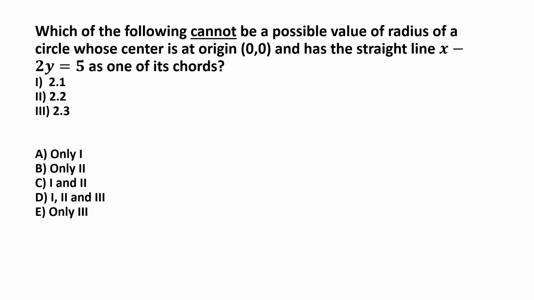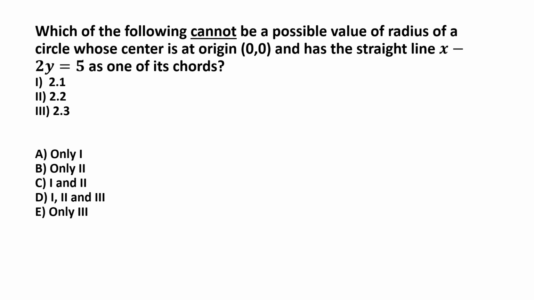Which of the following cannot be a possible value of the radius of a circle whose center is at the origin and has the straight line x minus 2y equal to 5 as one of its chords?